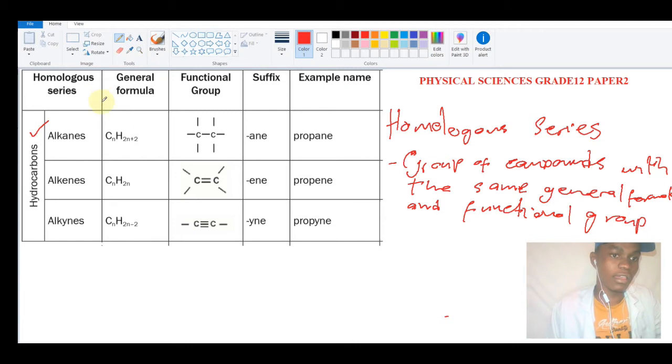So you see here, this is our general formula, and this is a functional group.